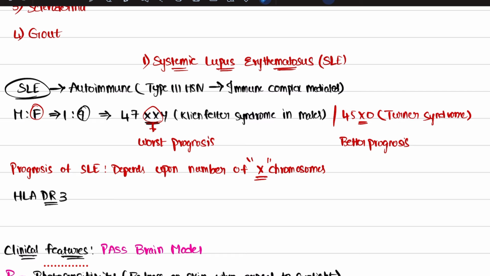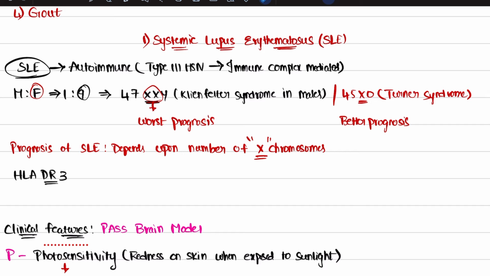What is SLE? SLE is an autoimmune problem. I'm going to highlight with the highlighter. You can use this session as a revision session for the topic as well. What type of autoimmune problem is it? It belongs to type 3 hypersensitivity, which means it is an immune complex mediated hypersensitivity.